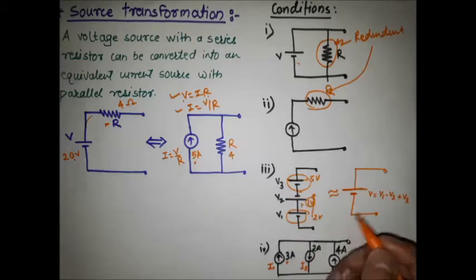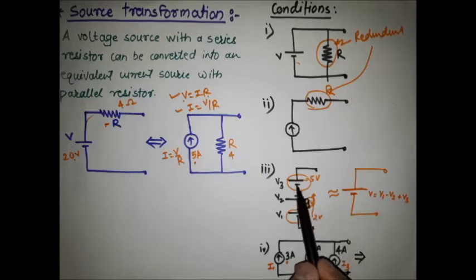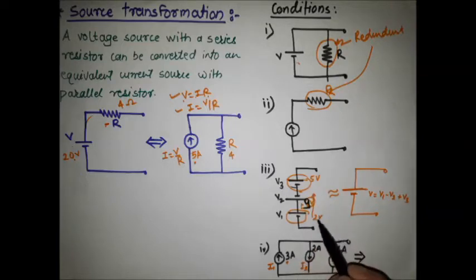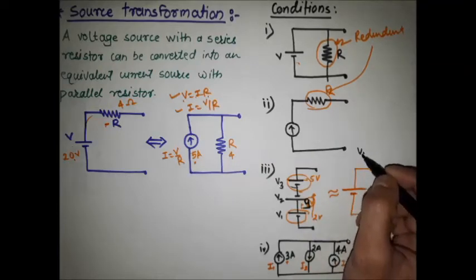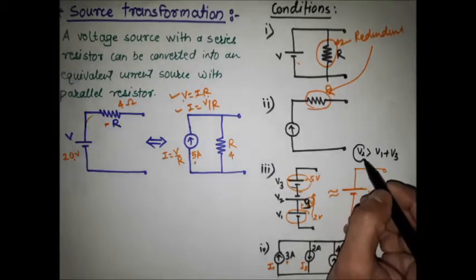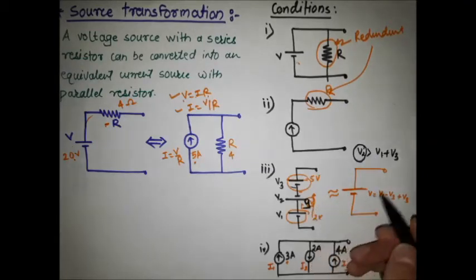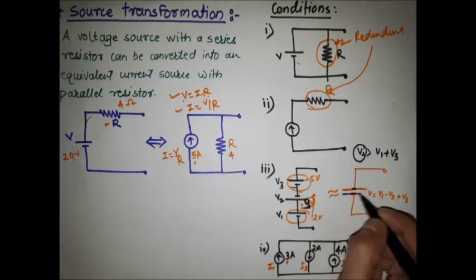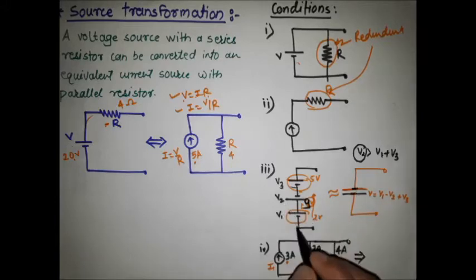But if V2 is 9 volt, then the voltages which have the same polarities, V3 and V1, will be added, which is 5 plus 2 is 7 volt, but V2, which is 9 volt, is greater than V1 plus V3. Then the final voltage has the polarities of V2, because V2 has the higher voltage, so the polarities of the voltage will be changed like this, minus and plus, as that of V2.